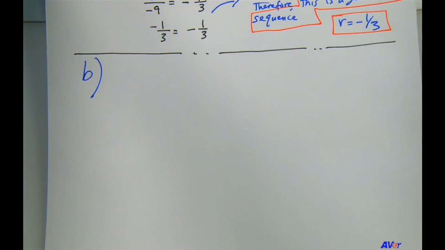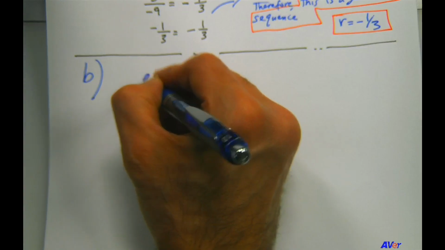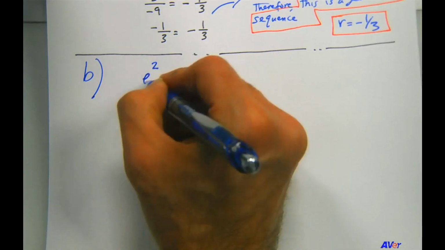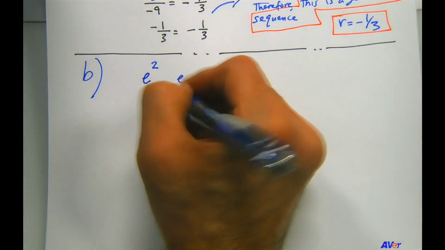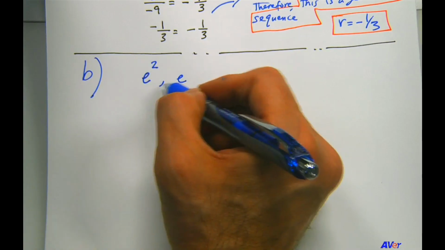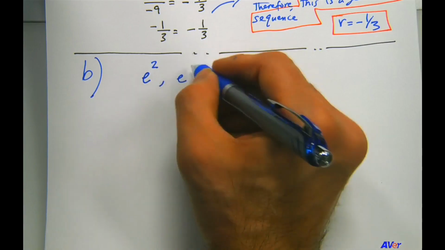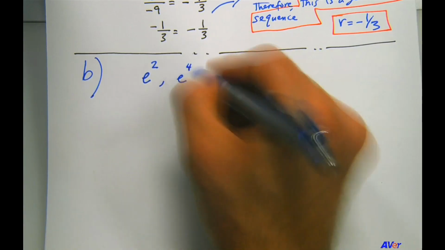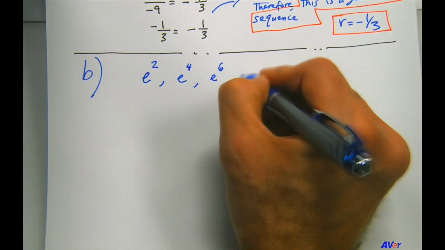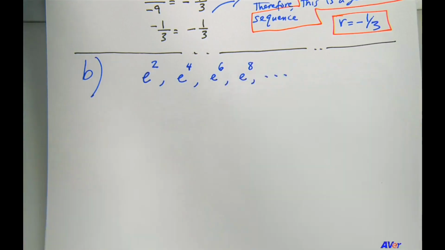All right. So this time the sequence is as follows: e squared. We know about e, right? When we talked about natural log, in Math 126, Pre-Calculus 1, we talked about that a lot. Okay, e squared, e to the 4th, e to the 6th, e to the 8th, and of course this is an infinite sequence.